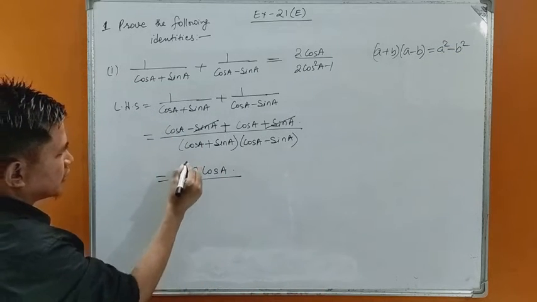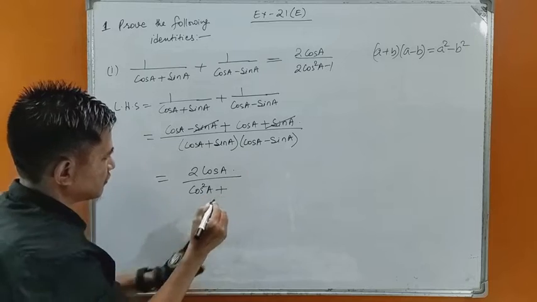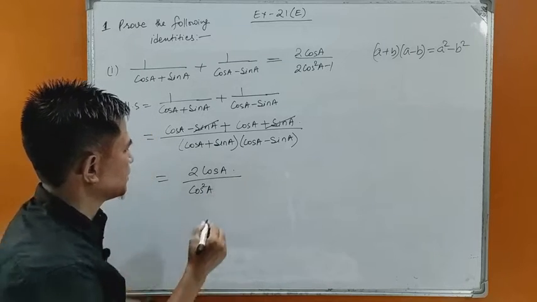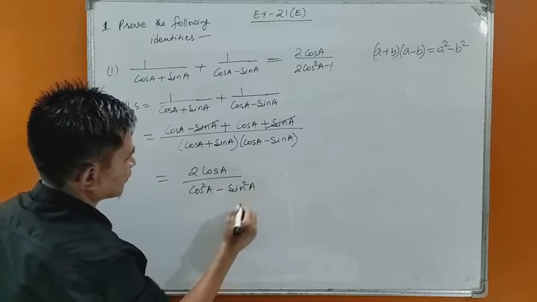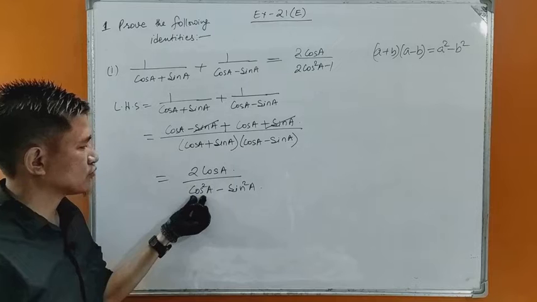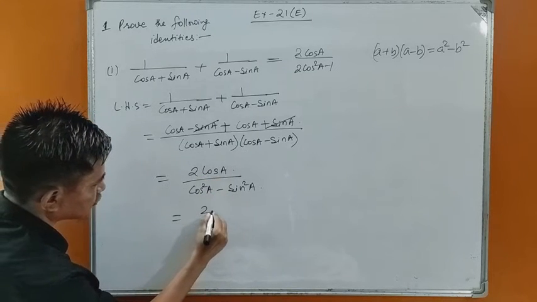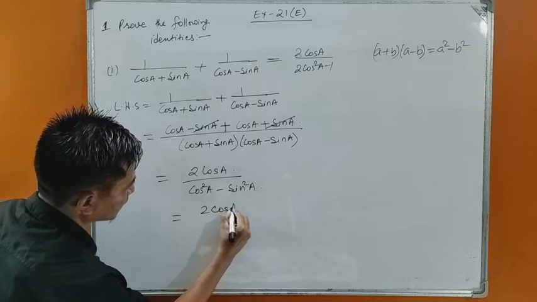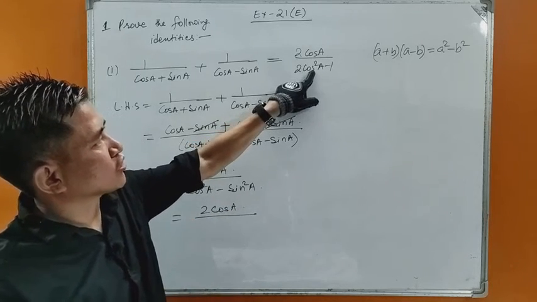So this is cos square A, A square minus B square, isn't it? Minus B square is sin square A. So 2 cos A is in the numerator, and in the denominator we need cos square A, isn't it?